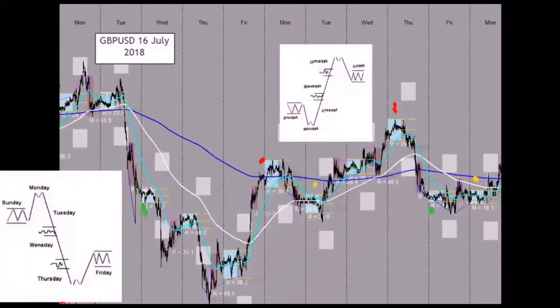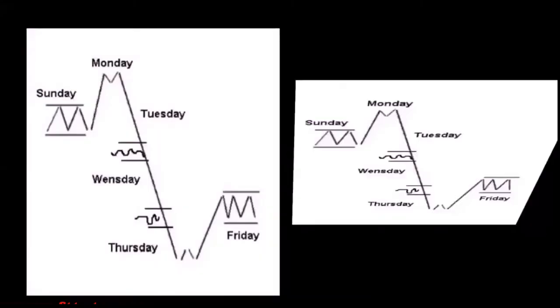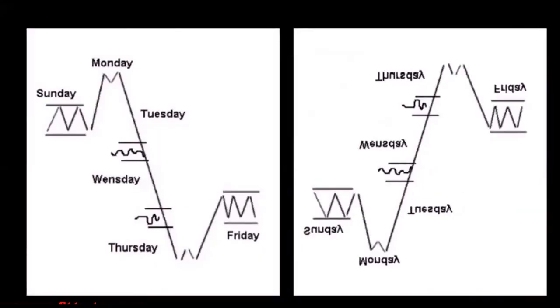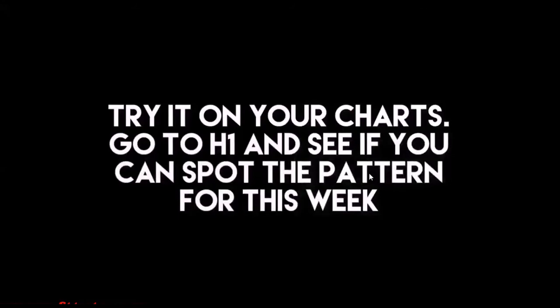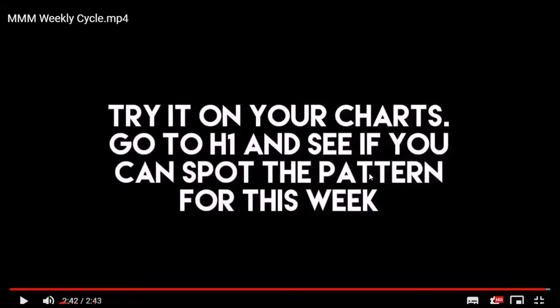So understanding this structure is going to help you understand this. Very, very important stuff here, guys. Try it on your charts on the H1 to see if you can spot the pattern for the week.